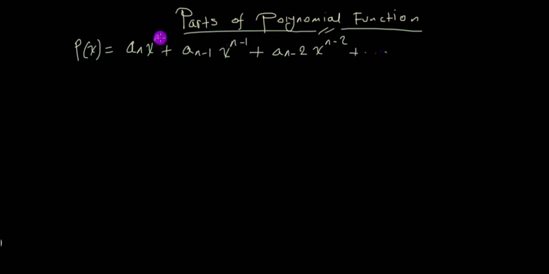As you can see, the exponent is decreasing from n to n minus 1 and n minus 2, and finally it goes to plus a_2 x to the power of 2. We don't know the value of a_1, a_2, a_3, they just represent the coefficients, plus a_1 x to the power of 1. We don't have to write the 1 here. Then plus a_0 x to the power of 0.